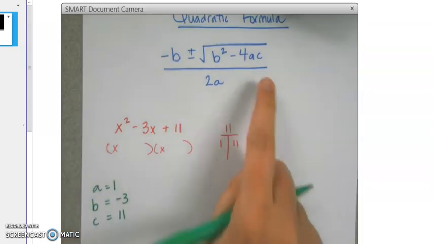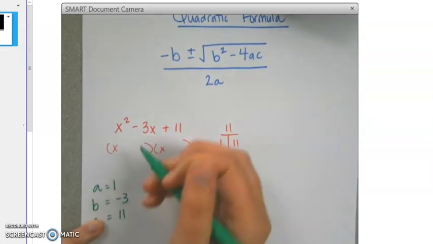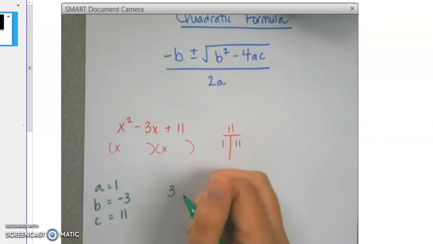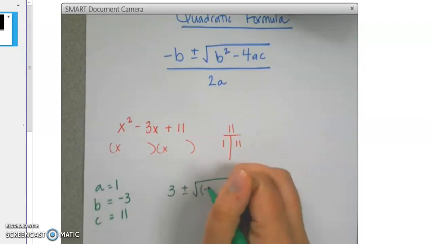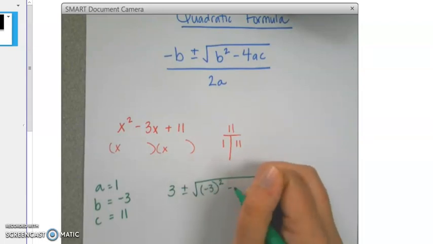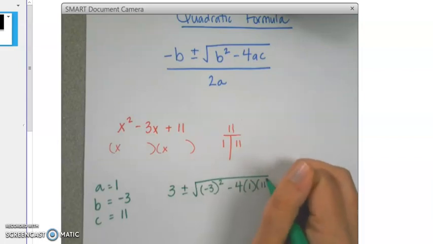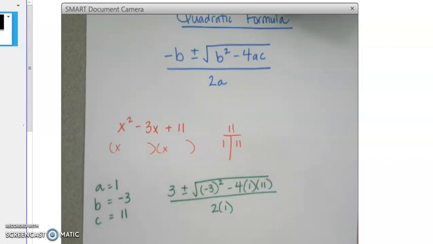Identifying a, b, and c helps you plug it into the formula so much easier. So I have negative b. If my b is already negative, a negative makes it positive. Plus or minus the square root, b squared, b is negative 3 squared, minus 4, a is 1, c is 11, all over 2a, which is 2 times 1.